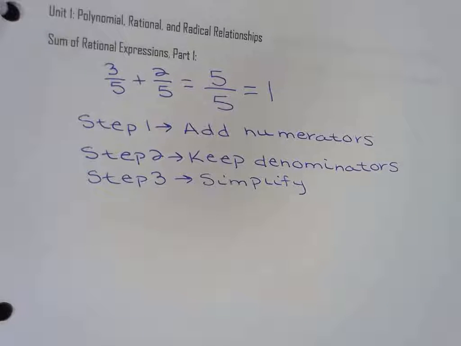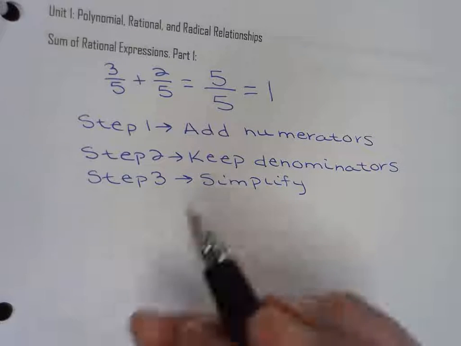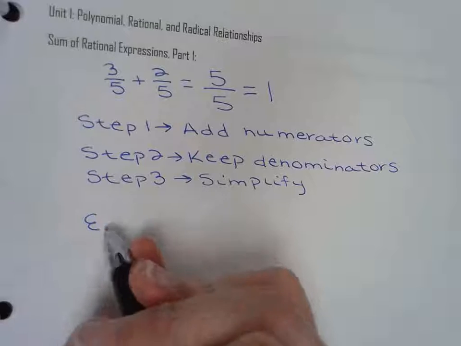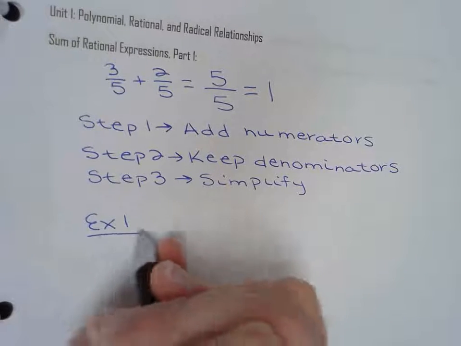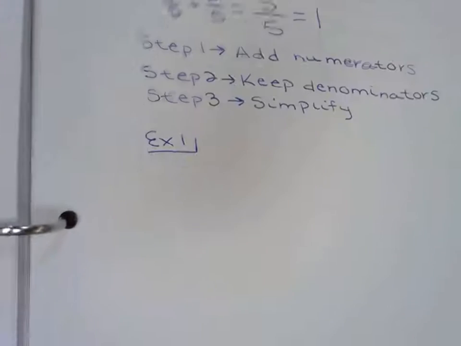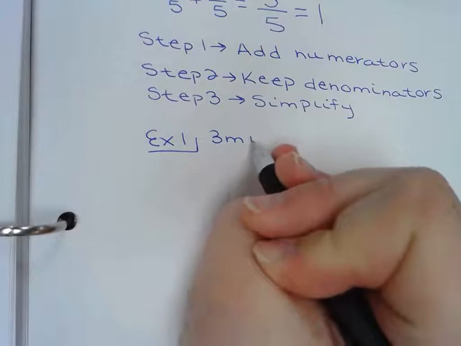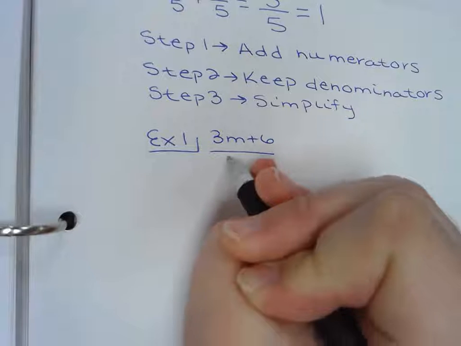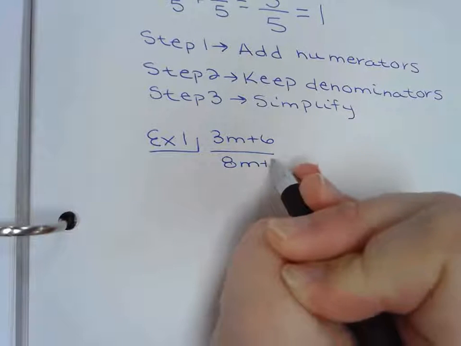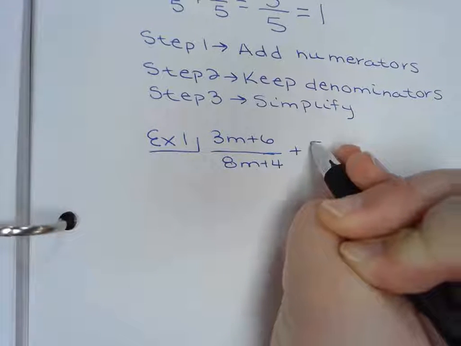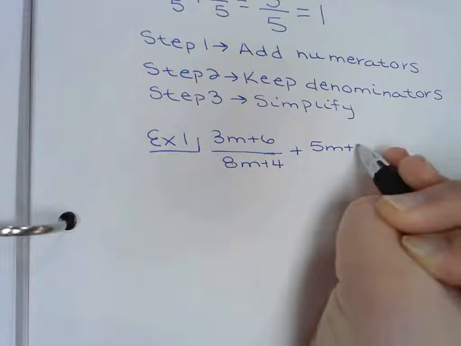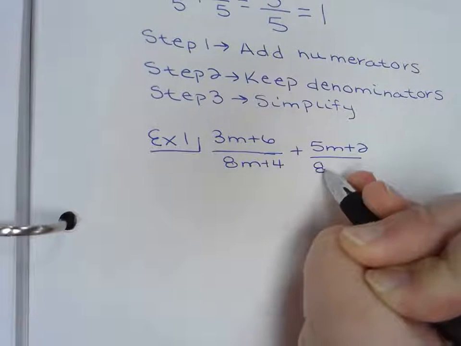Okay, let's look at one like this. This is the only part we're doing on this page. So if I have (3m plus 6) over (8m plus 4) plus (5m plus 2) over (8m plus 4).